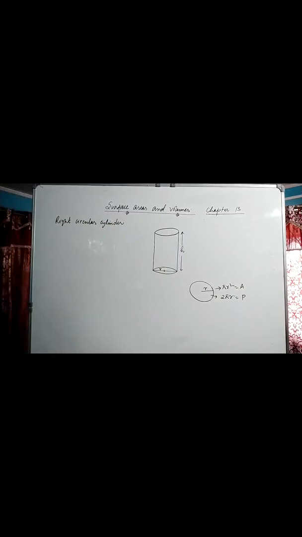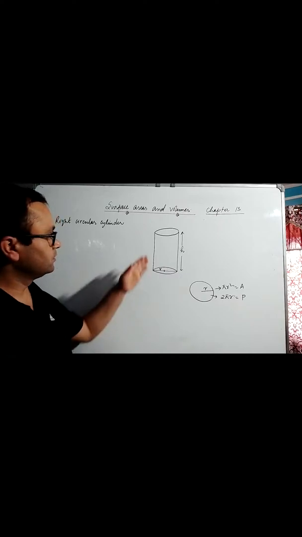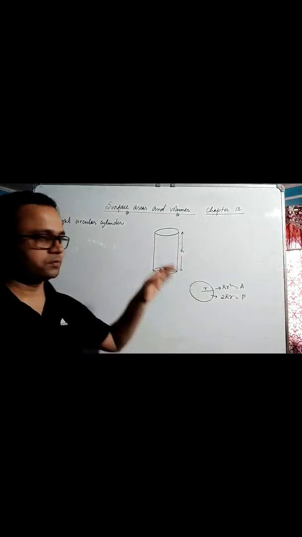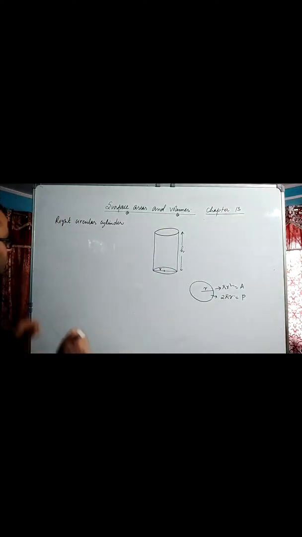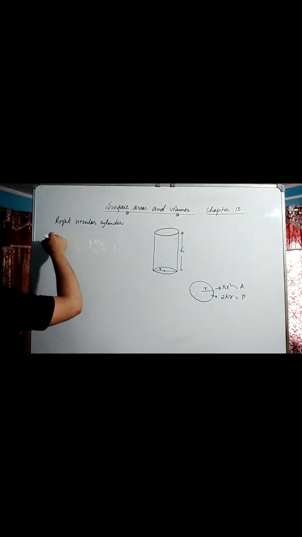Perimeter or circumference is 2 pi r. Now first we will calculate the curved surface area. Why curved surface? Because cylinder has curved surface. That's why we will calculate the curved surface area.